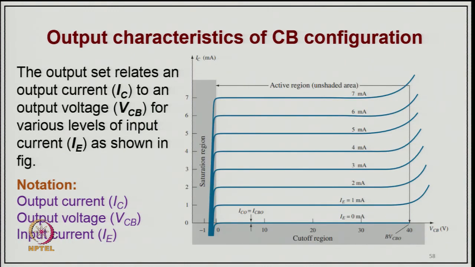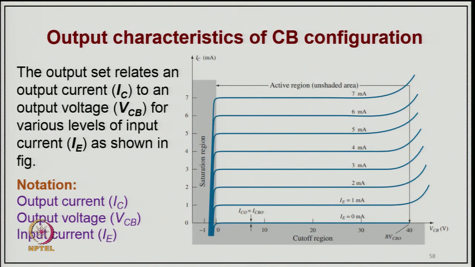This is the output characteristic. The output characteristic relates the output collector current IC to the output voltage VCB, because the base is common, for various levels of input current IE, that is, different amounts of current getting amplified. So, the output current is the collector current IC, the output voltage is VCB, and the emitter current is the parameter.